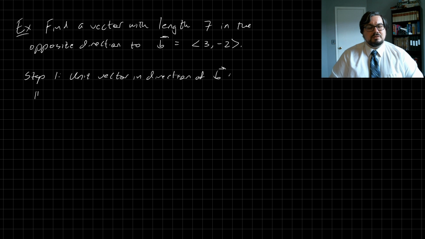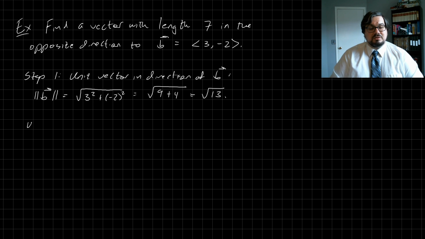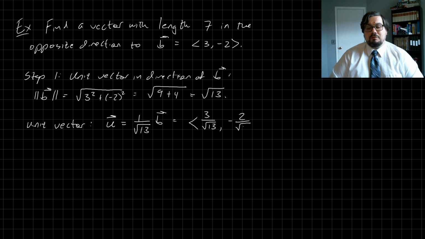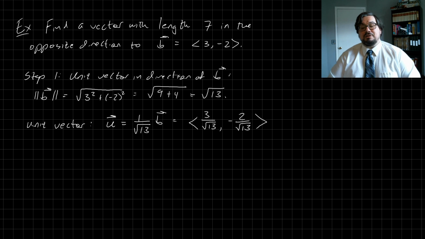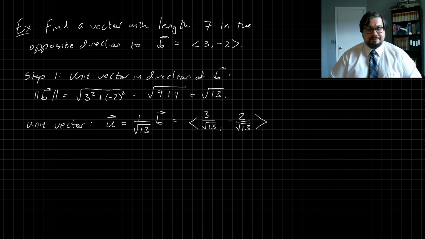For this, we need the magnitude of b, which is the square root of 3 squared plus -2 squared, which is the square root of 9 plus 4, which is the square root of 13. So the unit vector, which I'll denote by u for unit, is 1 over the square root of 13 times b, which gives us 3 over the square root of 13, comma, -2 over the square root of 13.